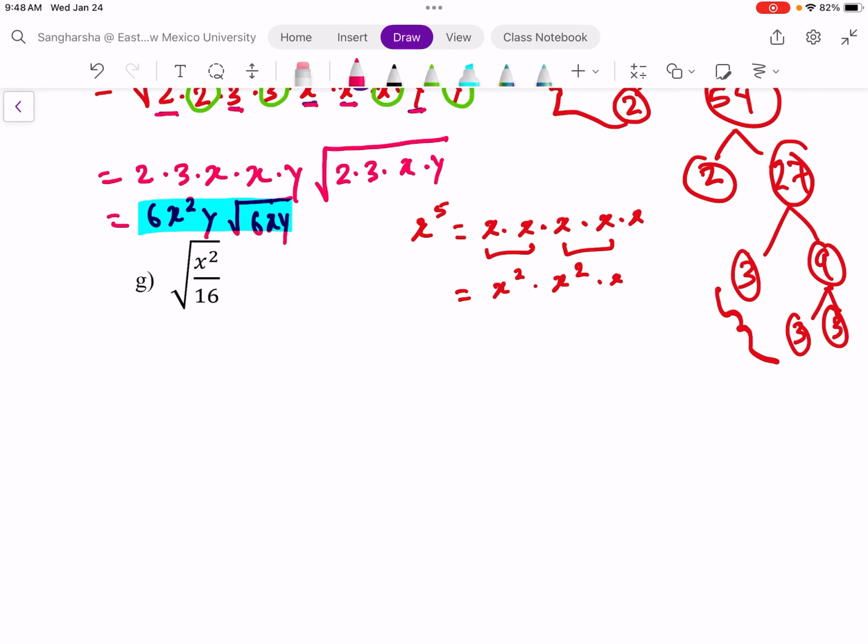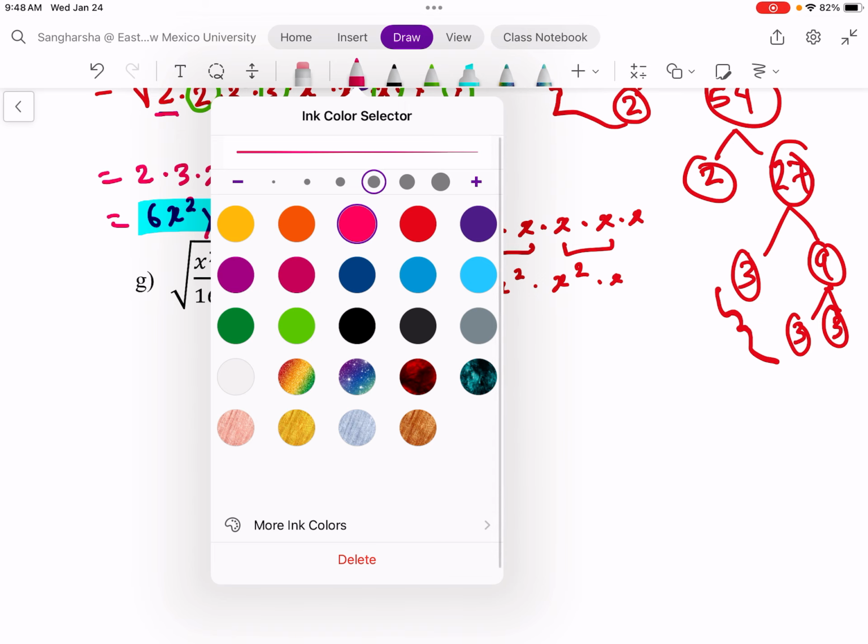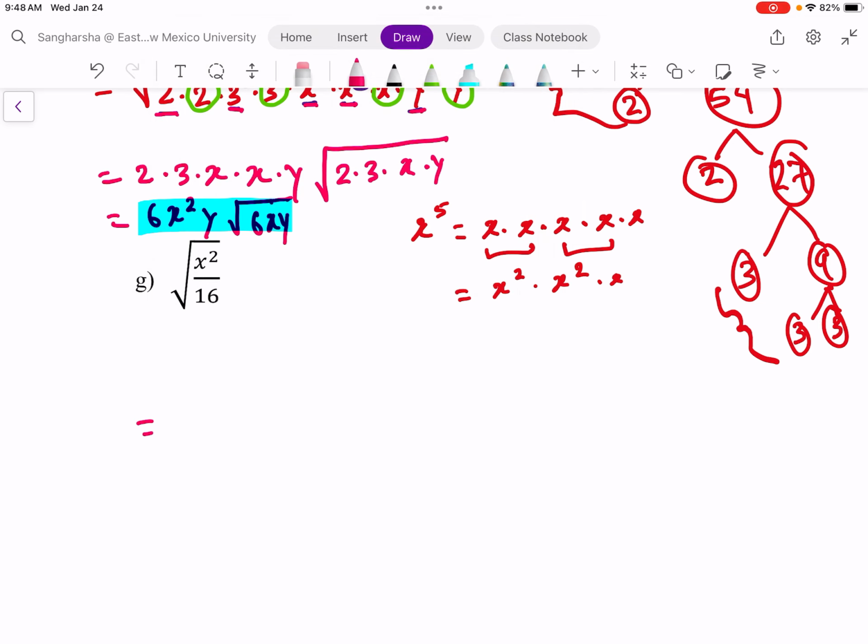Okay, now let's see number G. Here we have the square root of x squared over 16, and 16 is 4 squared, right? Now the numerator has exponent 2, the denominator has exponent 2, and our index is 2.